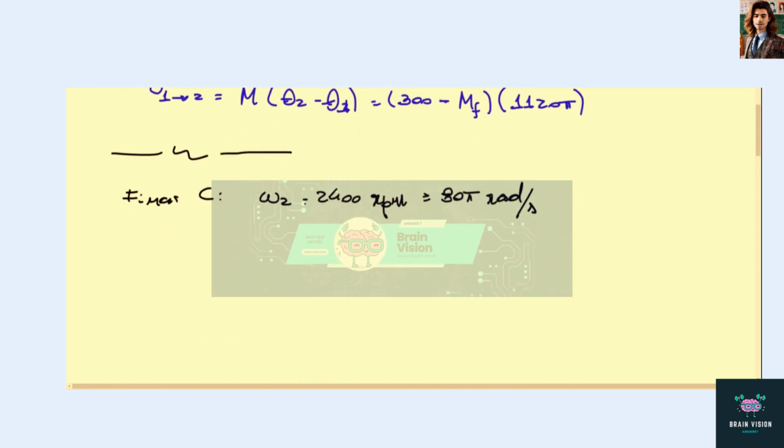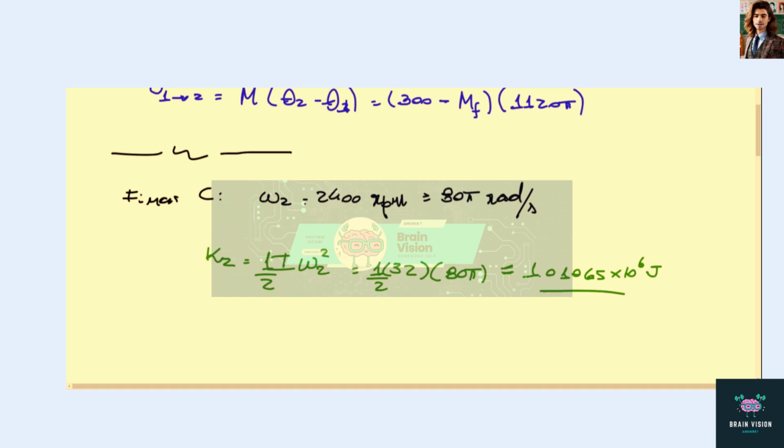Therefore, the kinetic energy in the final state, let's call K2, is going to be equal to half of the moment of inertia of the flywheel multiplied by the final angular speed squared, which gives us half of 32 that multiplies 80 pi squared. So the final kinetic energy of the system is going to be equal to 1.01065 times 10 to the 6 joules.